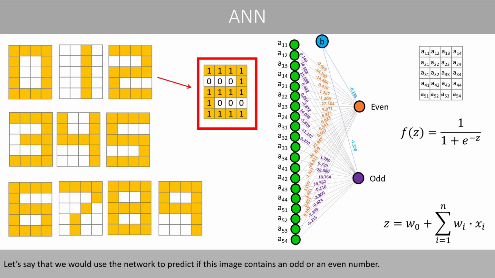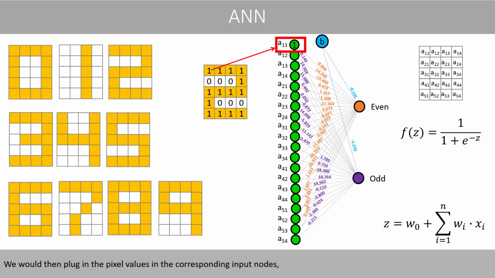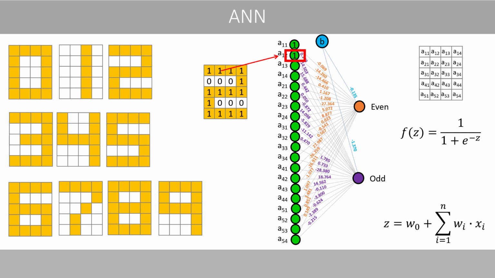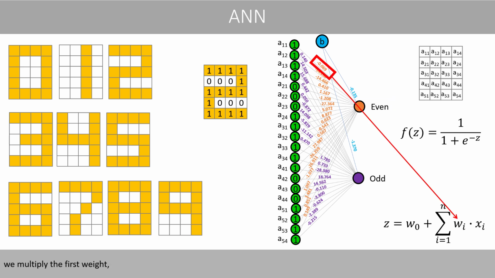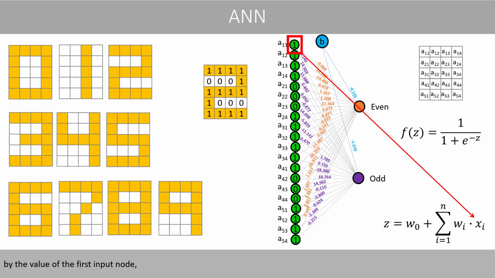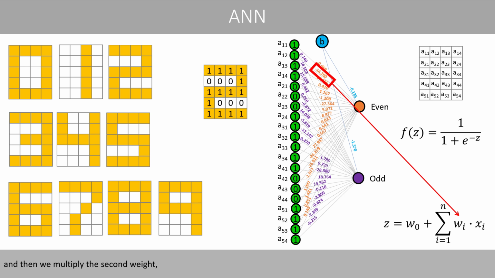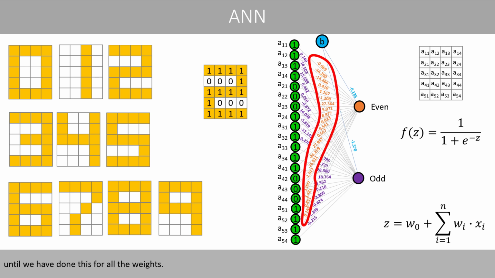Let's say that we would use the network to predict if this image contains an odd or an even number. We would then plug in the pixel values in the corresponding input nodes. To compute the probability that this image contains an even number, we multiply the first weight by the value of the first input node, and then we multiply the second weight by the second input node, and so forth, until we have done this for all the weights.